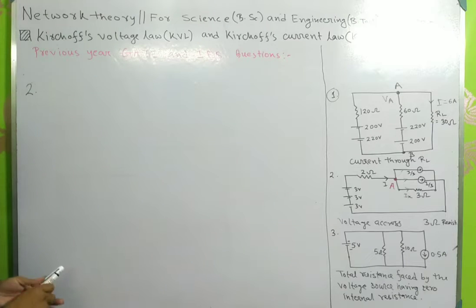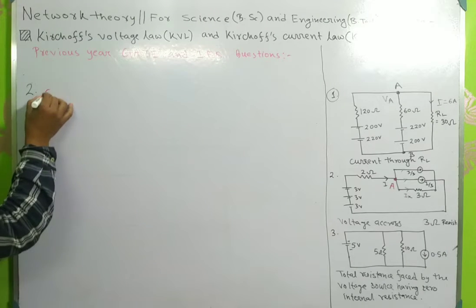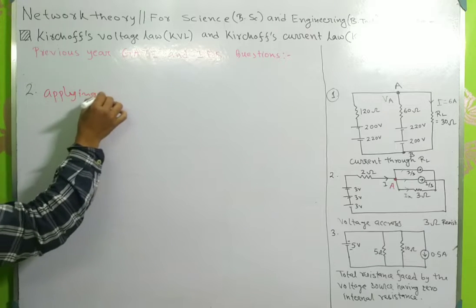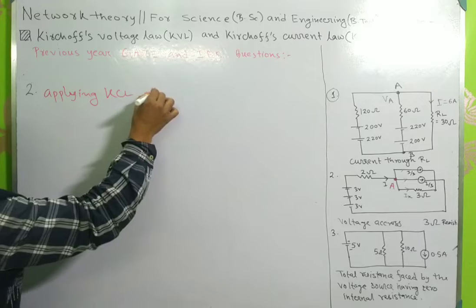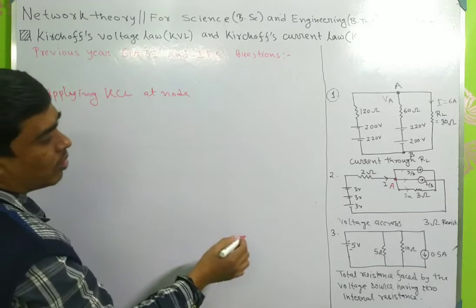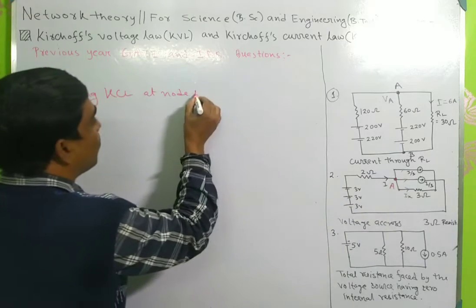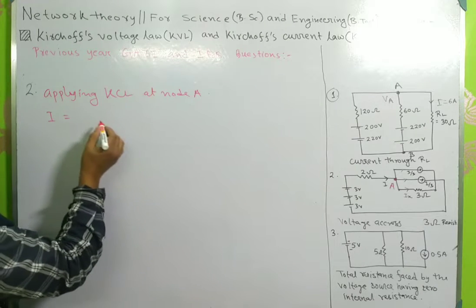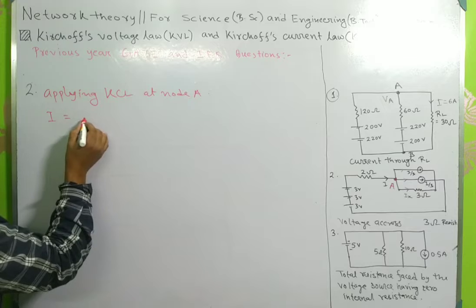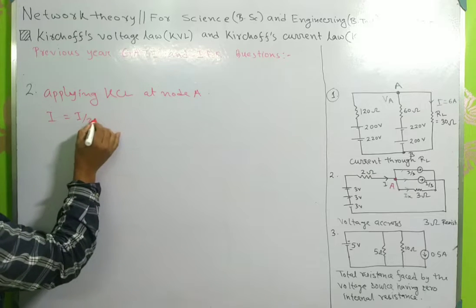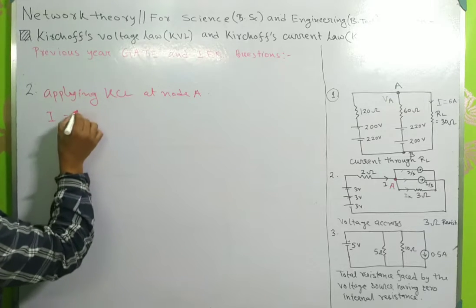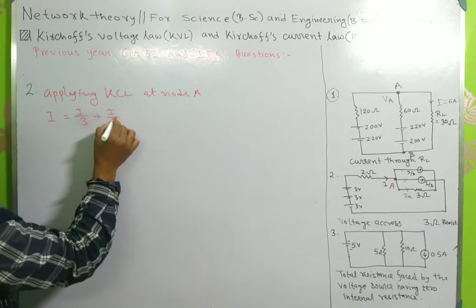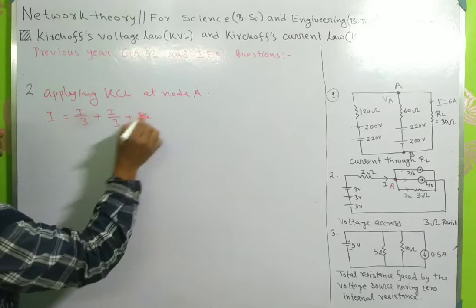Applying KCL at node A, the incoming current is I, and the outgoing current is I by 3 plus I by 3 plus Ix.